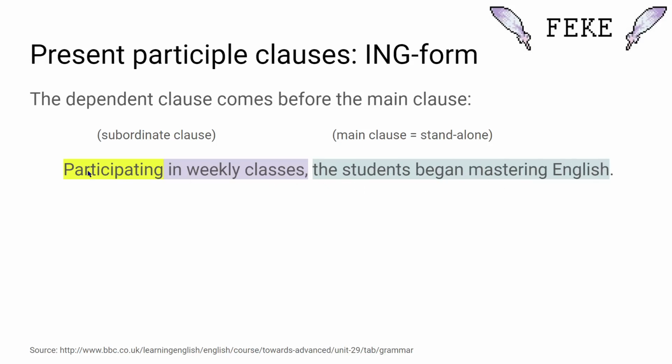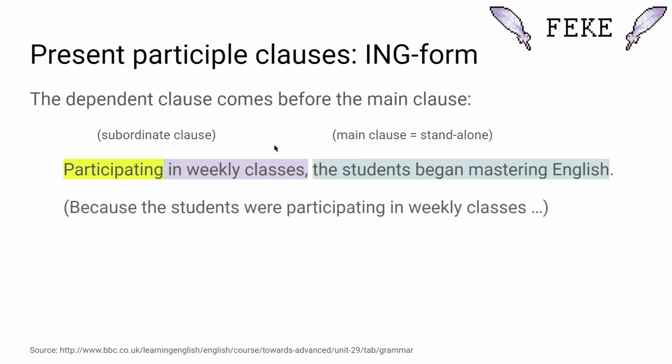But here you can see that I've added different parts, giving us a cause for why the students have mastered English. So since they have been participating in weekly classes and so on. So participating in weekly classes, the students began mastering English. The meaning of this is because the students did this, and so on.